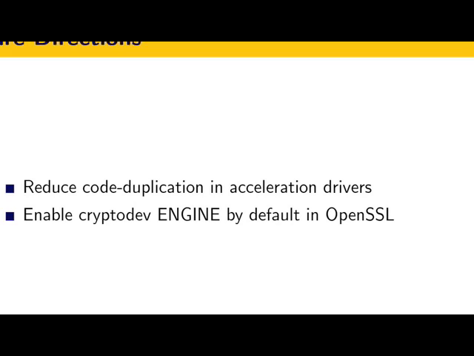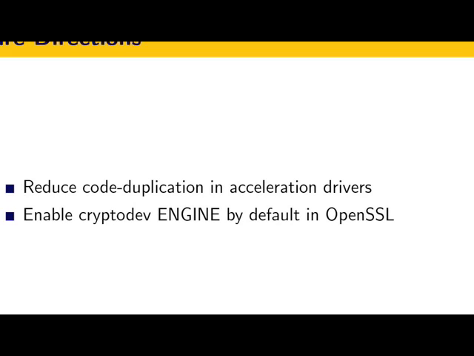And some people do like using other algorithms too, like DES is still fairly popular, and you'll have to implement it in software. There's currently no easy way of reusing the code to do it in software between drivers. So the VIA padlock driver implements certain algorithms in software, and then the Geode driver also implements the same algorithms in software again. There's quite a bit of code duplication there, which is not very nice.